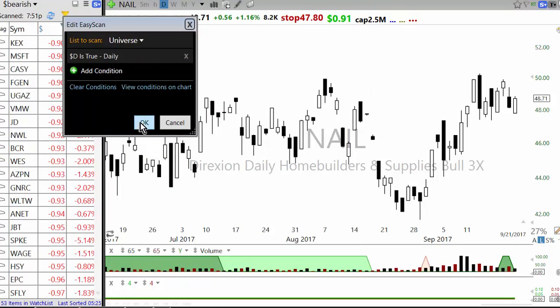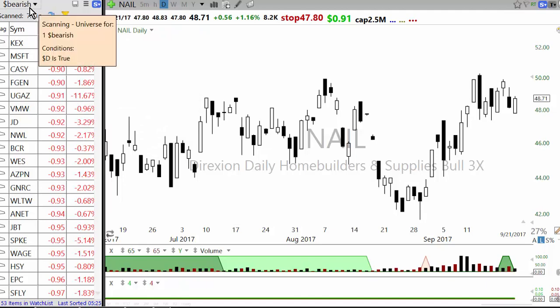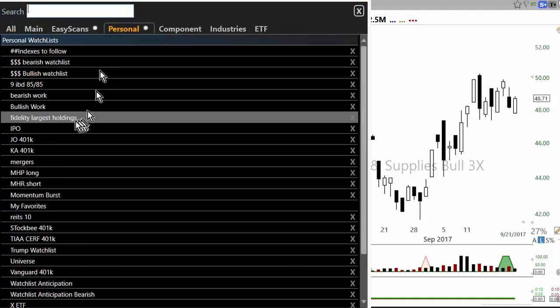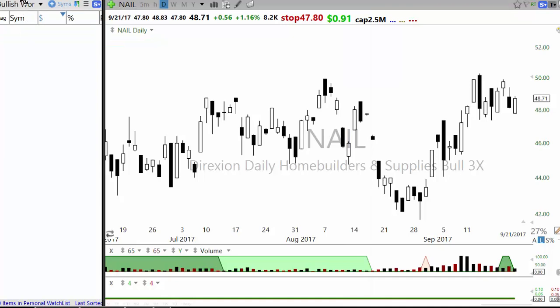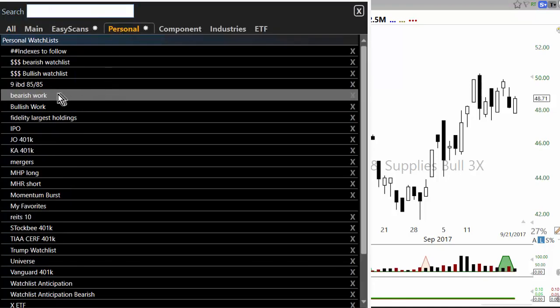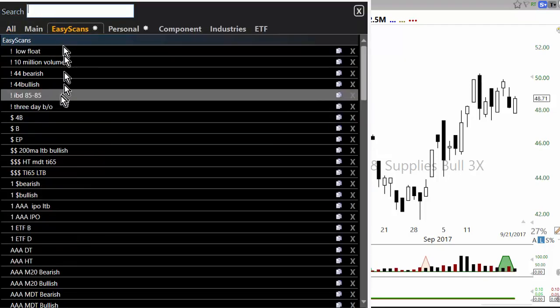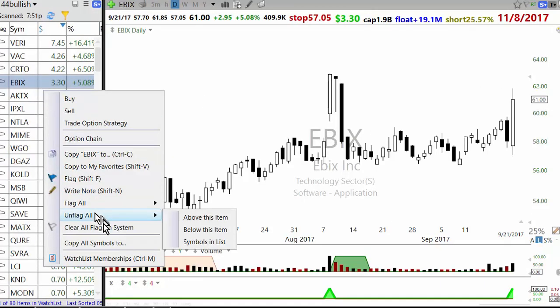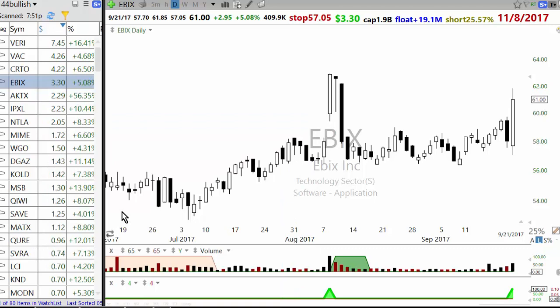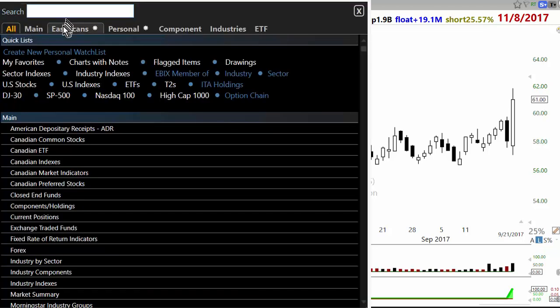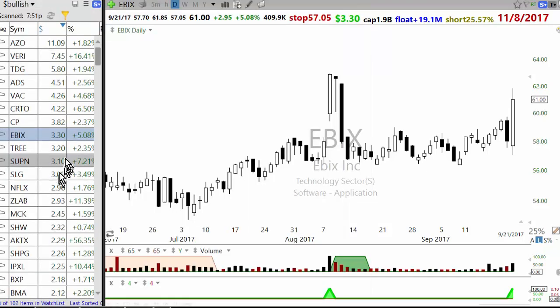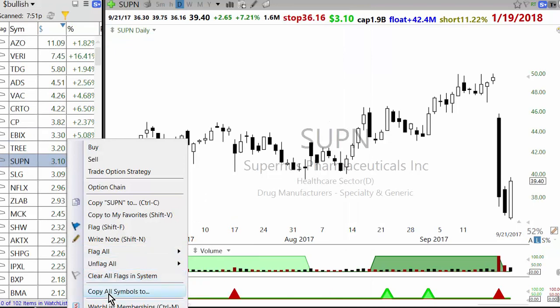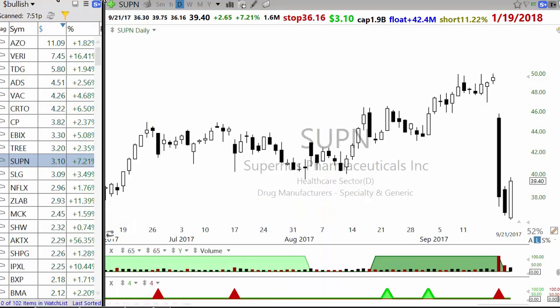In order to avoid repetition, there are 2 working watch lists: a bullish working watch list and a bearish working watch list. For the bullish working watch list, I'm going to copy all the symbols from this bullish scan into it. Similarly, I'm going to copy all the dollar breakout into the bullish working watch list.